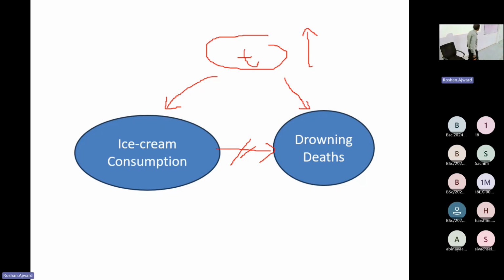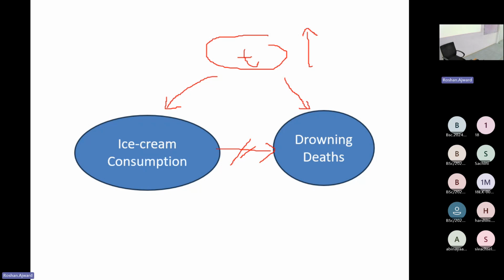So you can see the difference now. Ice cream consumption, now I think all of you can see the screen, ice cream consumption and drowning index. Right? There is correlation, but no causation. The correlation is 0.89, but there is no causation.